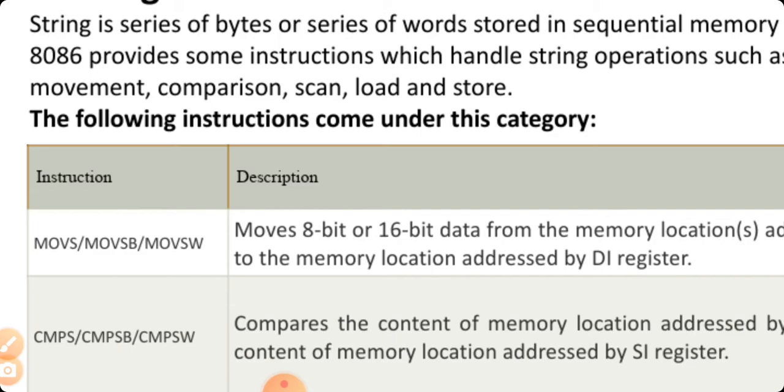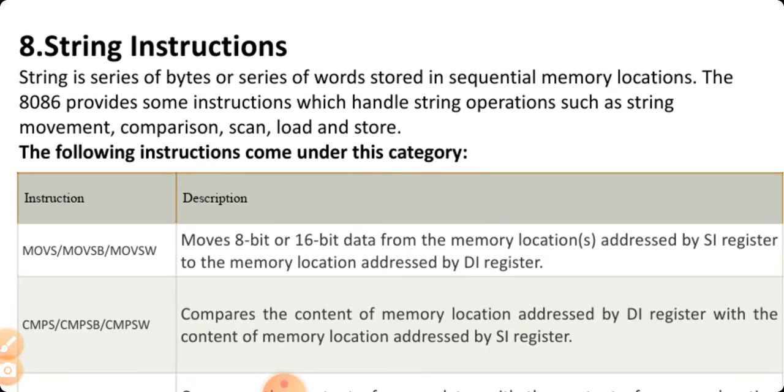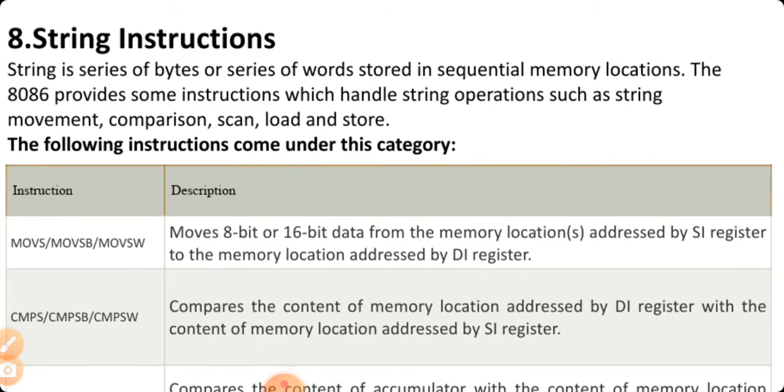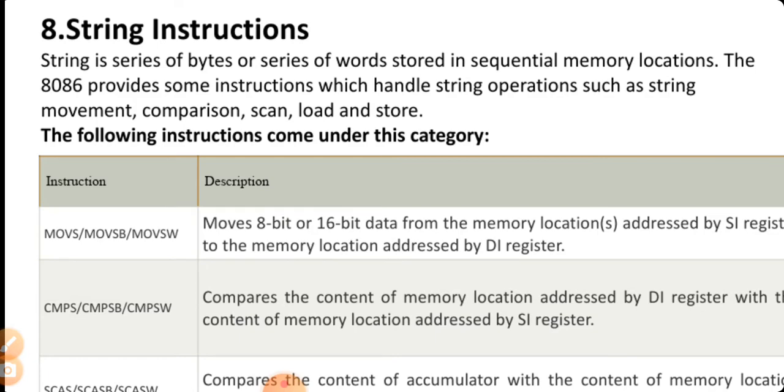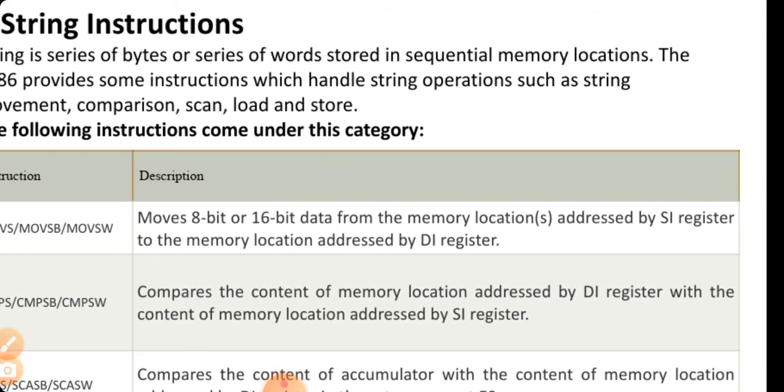This instruction moves 8-bit or 16-bit data from the memory location addressed by the SI register, the source index register, to the memory location addressed by the DI register, the destination index register.